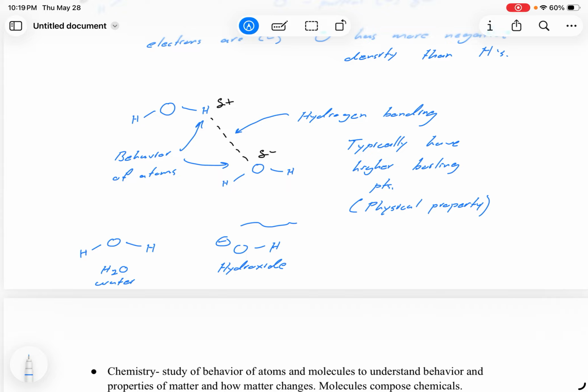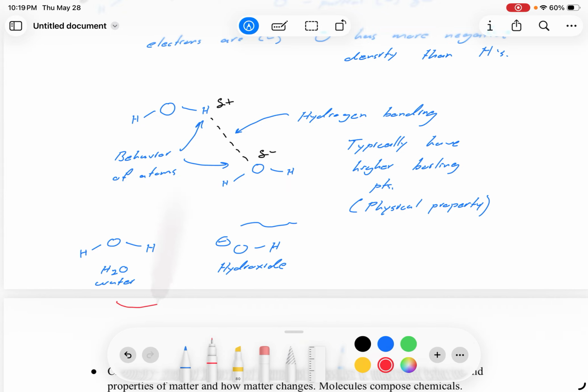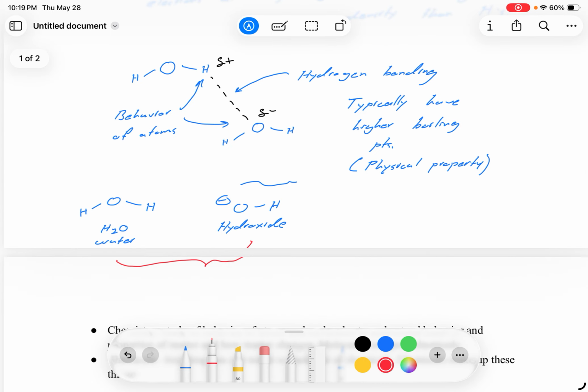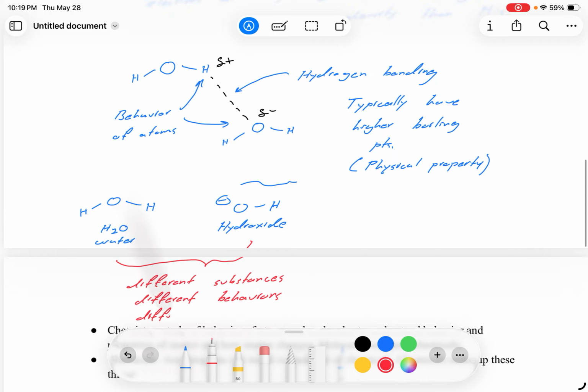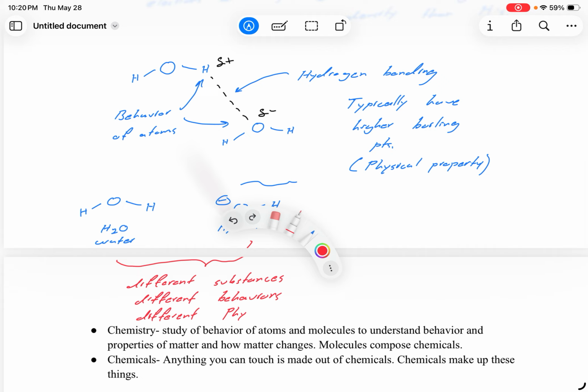So these here are different substances. They have different behaviors and different properties. Let's just say properties, because they also have different chemical properties.